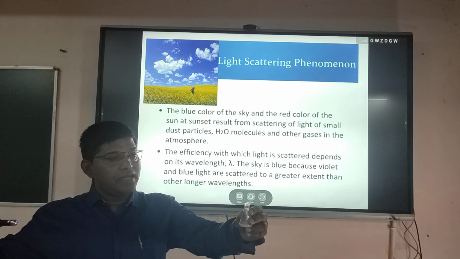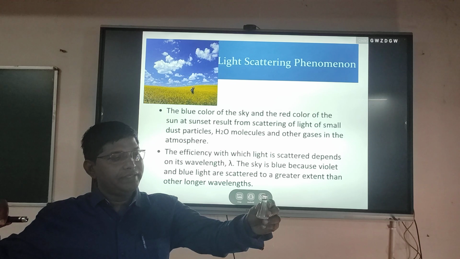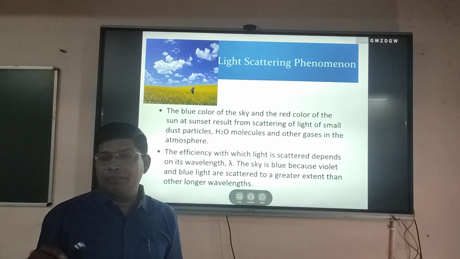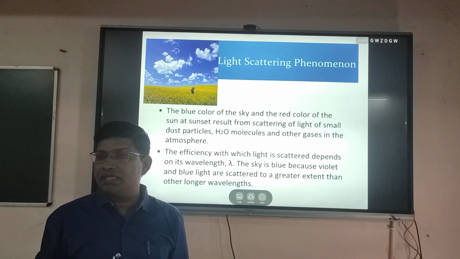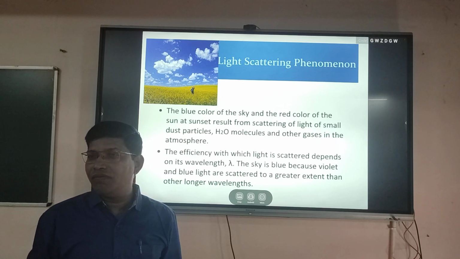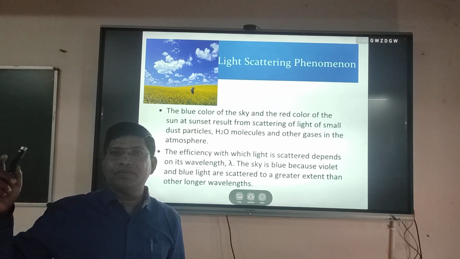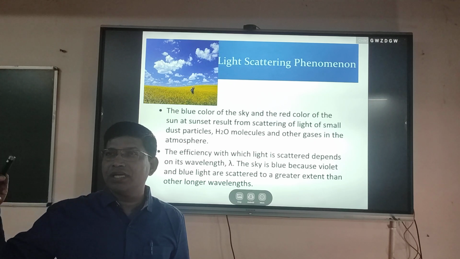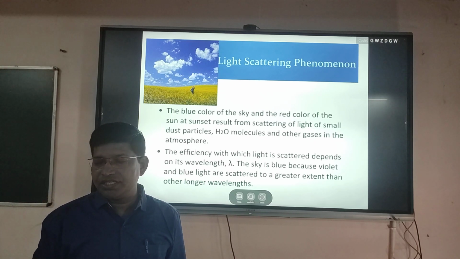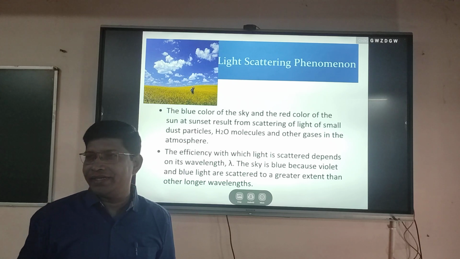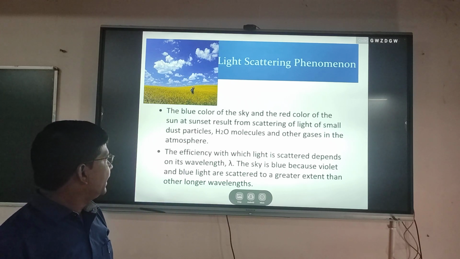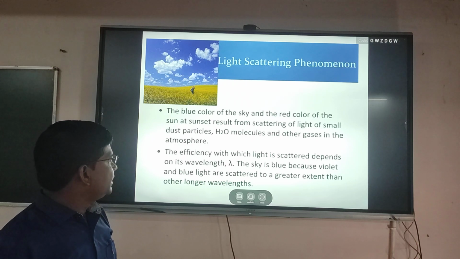The sky consists of dust particles and water molecules, and when light from the sun, consisting of all wavelengths, passes through, the blue color is scattered.